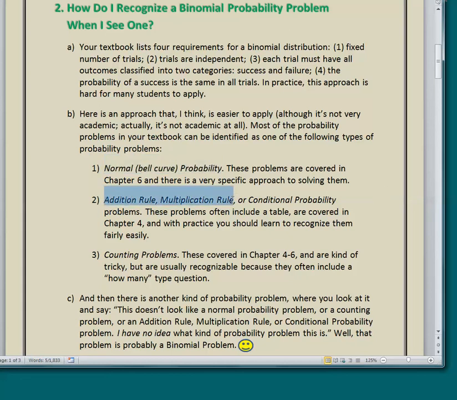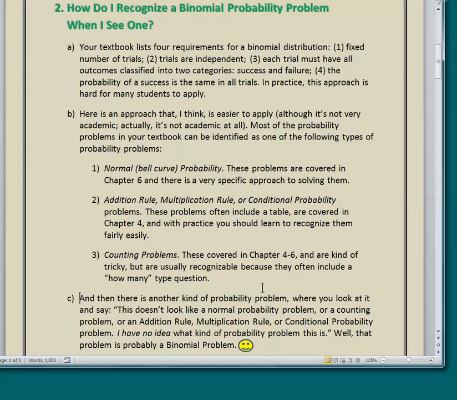Addition rule, multiplication rule, or conditional probability. These problems often include a table, are covered in Chapter 4, and with practice you should learn to recognize them fairly easily. Counting problems. These are covered in Chapters 4 to 6 and are kind of tricky, but they're usually recognizable because they often include a how many type question.